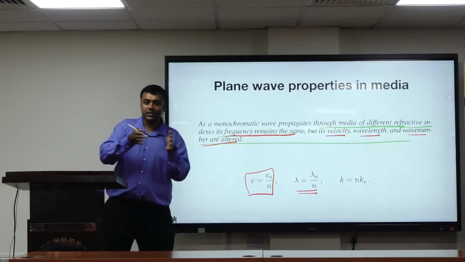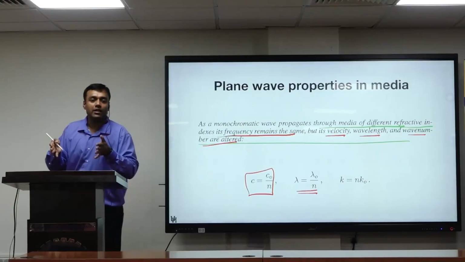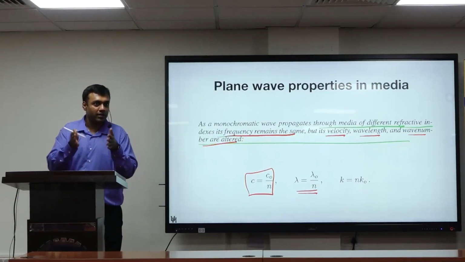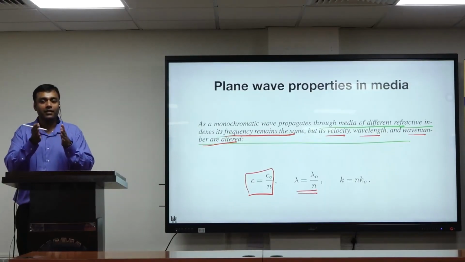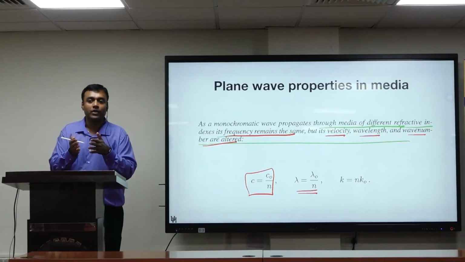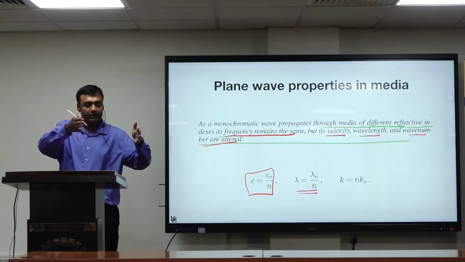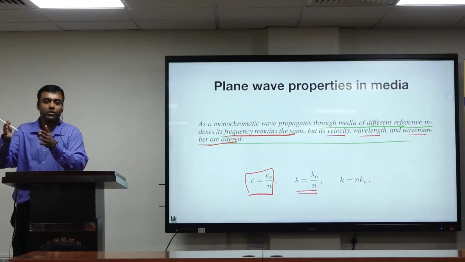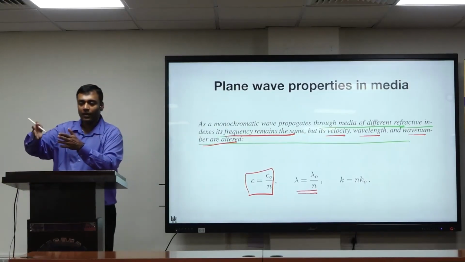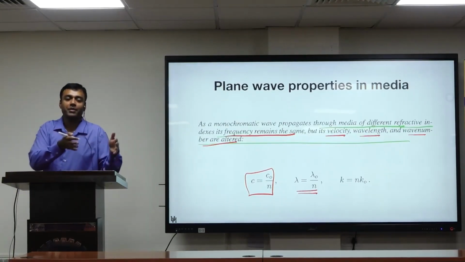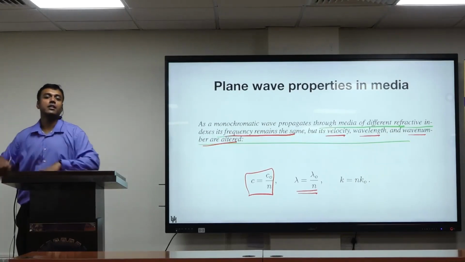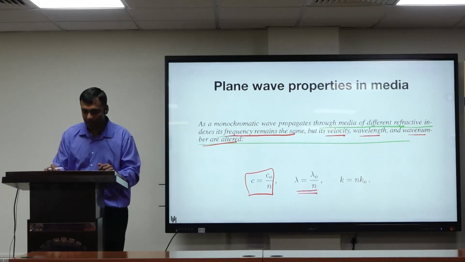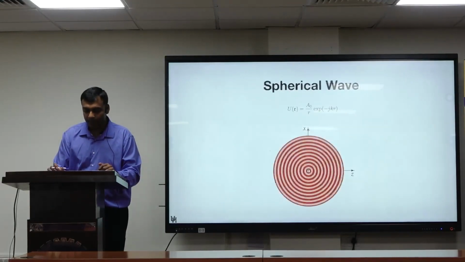If a wave is traveling in air and goes through glass, the wavelength gets compressed by a factor of the refractive index. If the wavelength is 1 micron in air, and it goes into something with a refractive index of 2, it becomes half a micron in wavelength inside the medium. That's how it will work.